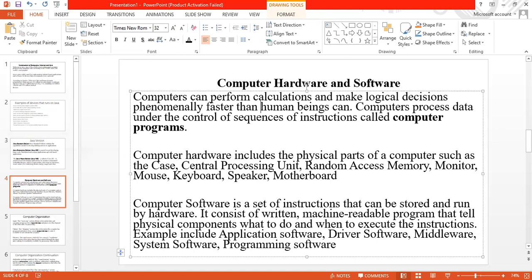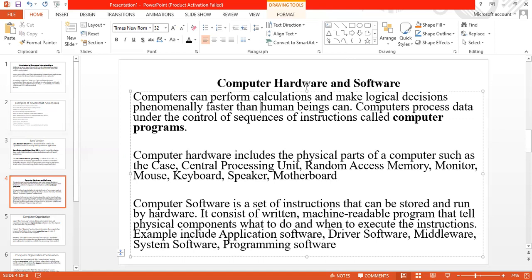We can use our keyboard, by typing our code, by running sequence of instructions, using our mouse, using our keyboard. So we are actually trying to transfer those instructions using those devices. So the devices that we make use of is the case, is the central processing unit, is the random access memory, which is our RAM, our monitor.